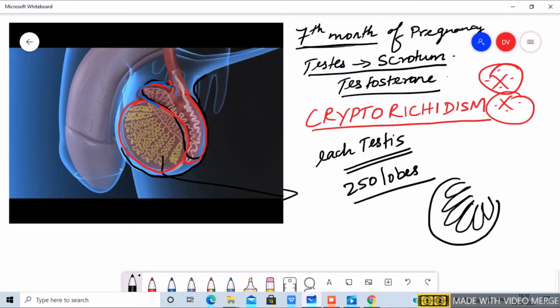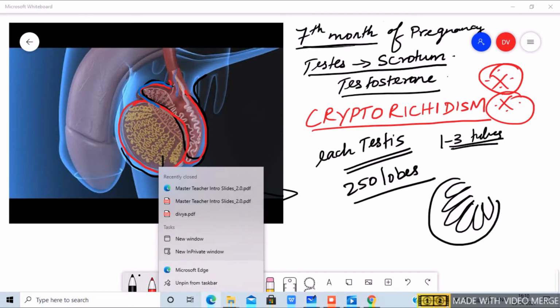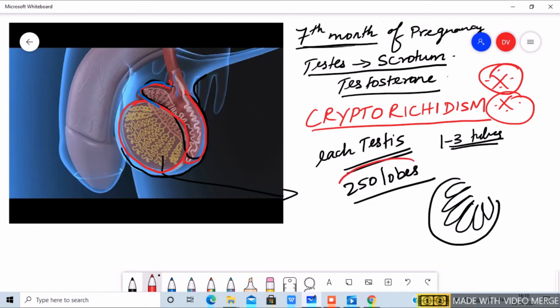There will be 250 lobes, and each lobe has coiled tube-like structures, generally 1 to 3 tubules per lobe. That tube is known as the seminiferous tubule. How many lobes does each testis have? 250, and each lobe has around 1 to 3 seminiferous tubules.